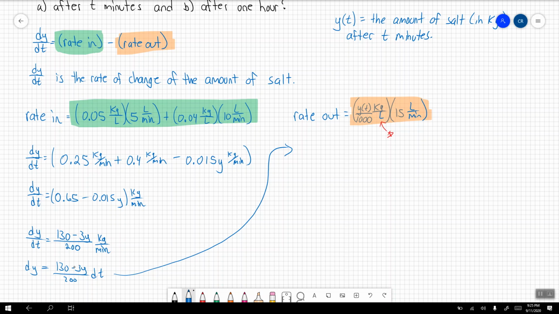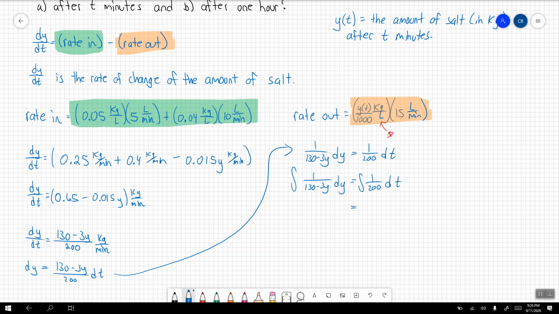Okay, and then I'm going to divide by 130 minus 3y. So this will be 1 over 130 minus 3y, and this is dy. On the right-hand side, we're left with 1 over 200 dt, and we can integrate as such.